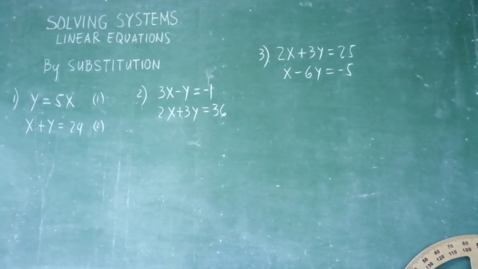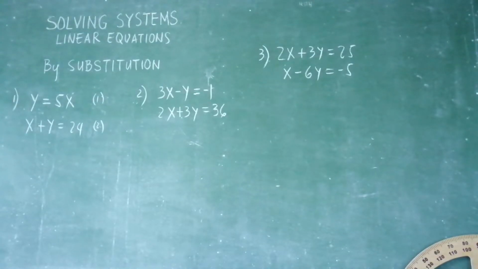So, we are going to start a lesson, and we have to use the substitution method. In solving linear equations by the substitution method, you have to remember these things. There must be two linear equations.